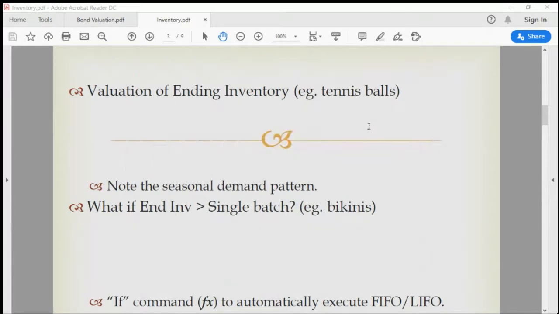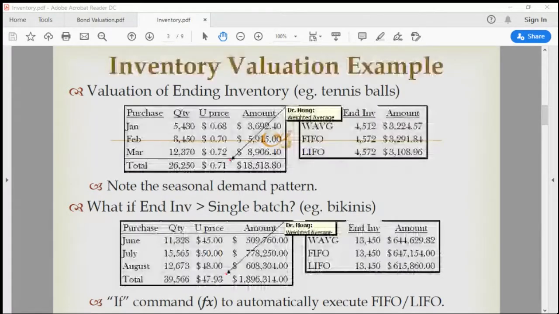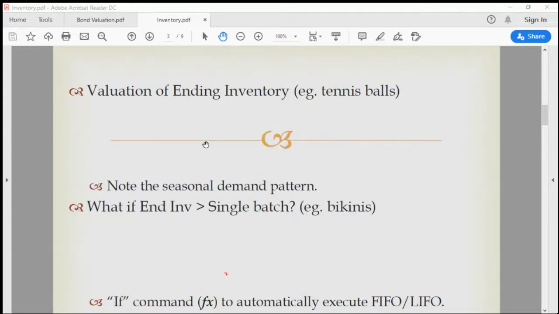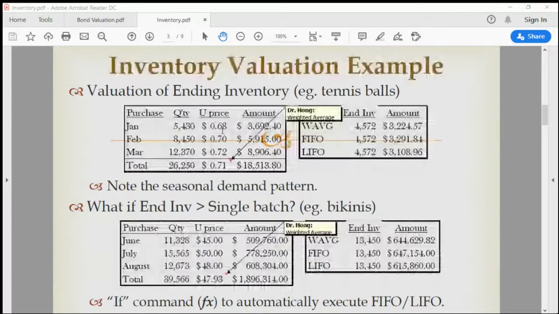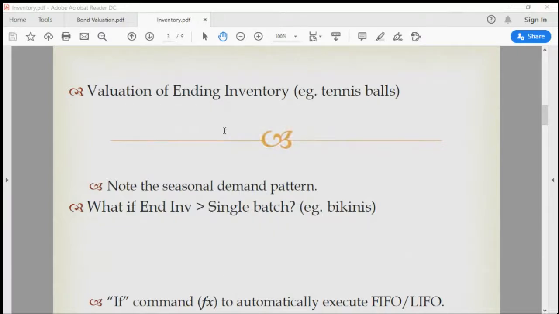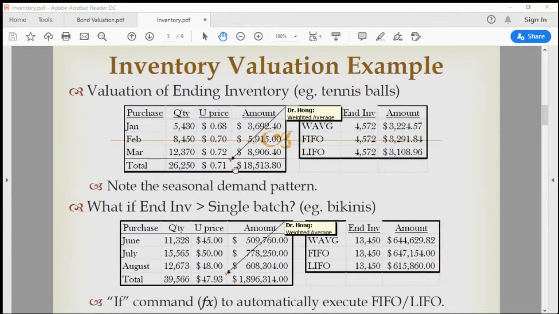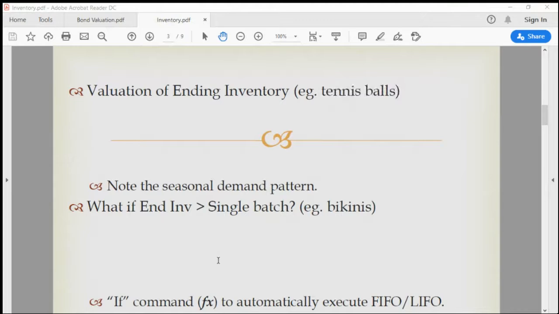Why? Because whatever is left in this ending inventory, if all of them came from the January purchase, we can value them at 68 cents per unit. Or if they all came from the February purchase, then we can just multiply by 70 cents. Or if it all came from March, we can simply multiply them by the March price. But then we don't know.